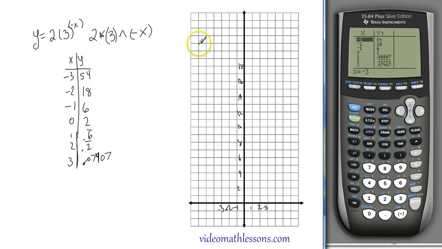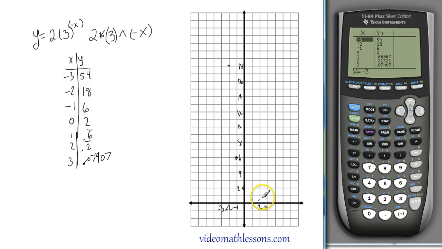So -354 is off my screen, so I'm not worried about it. -218 is right there. And just graph these. I'm going to head towards that asymptote line right there, the x-axis.